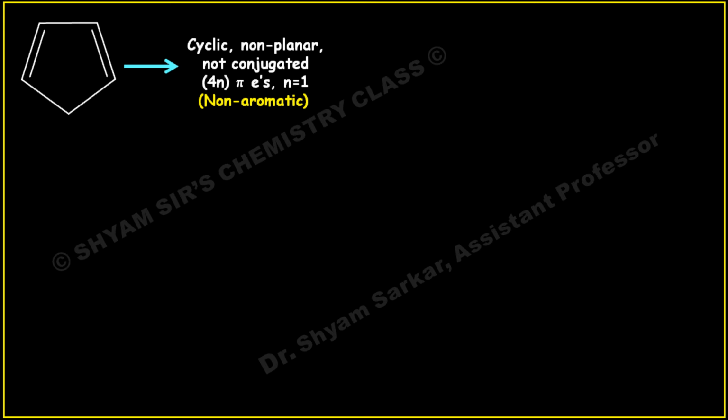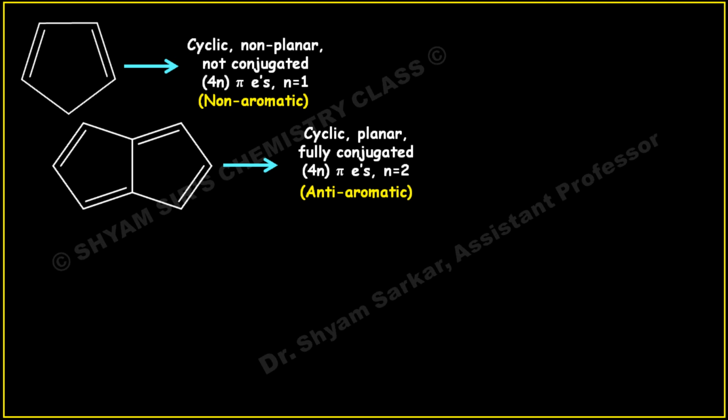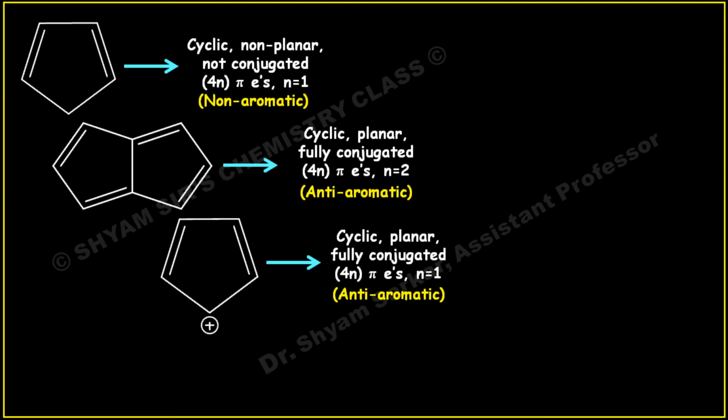So this is a non-aromatic compound since it is non-planar and not conjugated. The second one is anti-aromatic and it obeys Hückel's rule of 4n pi electrons where n equals 2. The third one is cyclic, planar, fully conjugated, 4n pi electrons where n equals 1. So this is also anti-aromatic.